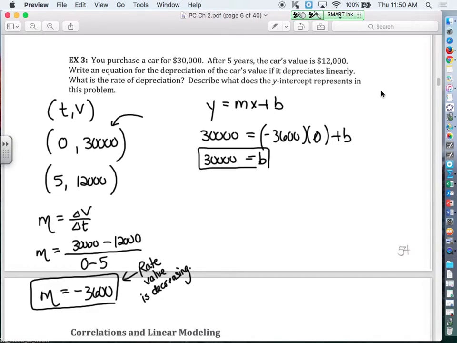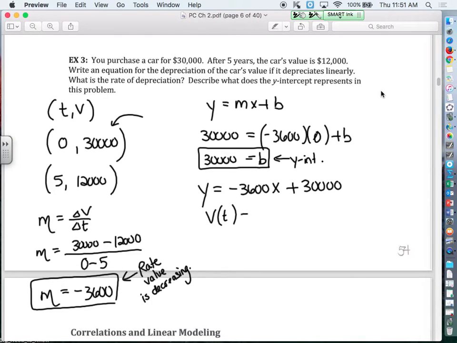So here's my y-intercept. And then the equation of the line would be y equals negative 3,600 x plus that b value. Or if we want to write this in terms of v's and t's, negative 3,600 t plus 30,000.